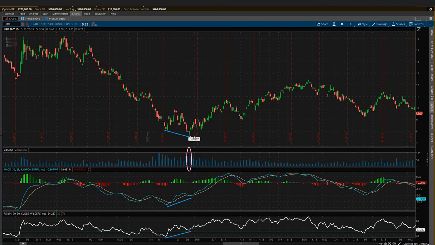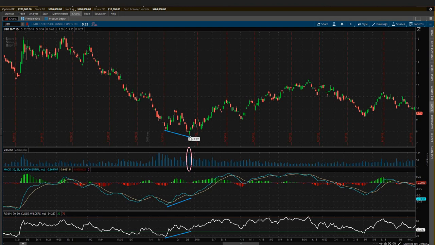Another very commonly used buy signal is price and volume action, right? So right here we had a bottoming candle. And quite frequently what you'll see with either bottom candles or candles that are at the top of a reversal is that they'll often have long wicks at the end.